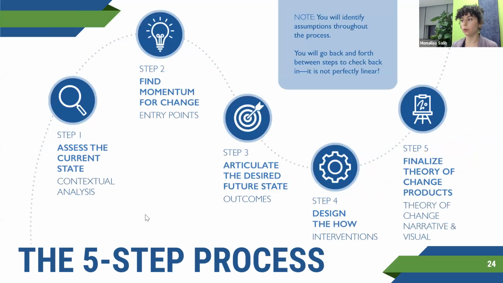Okay, so you see the steps here again. We've gone into detail on steps 1, 2, and 3. And as I mentioned, step 4, design the how, is bridging the gap between how do I go from entry points to outcomes. So it gets at more detailed intervention levels. This is a step that we often mostly skip on the donor side with USAID.